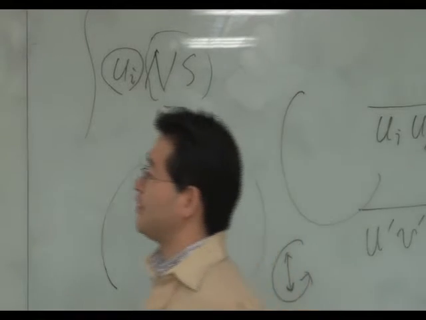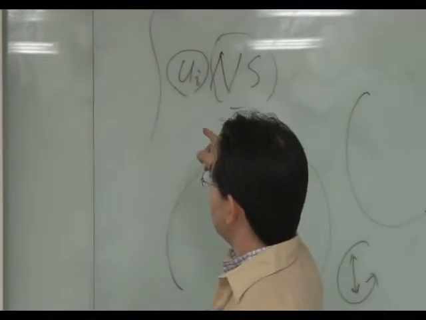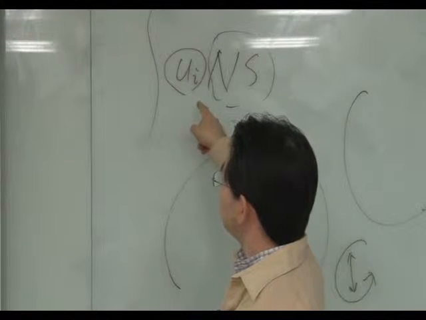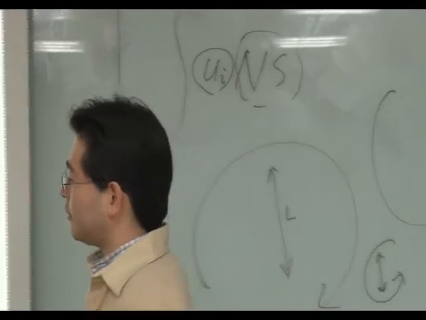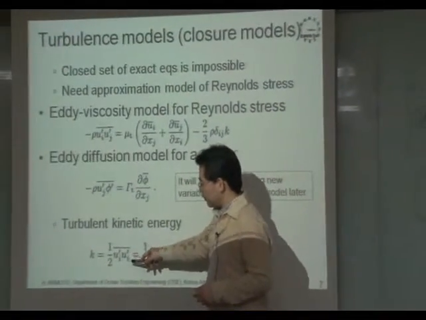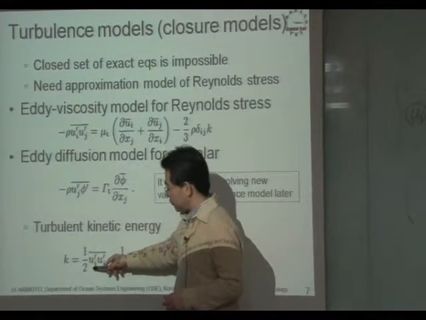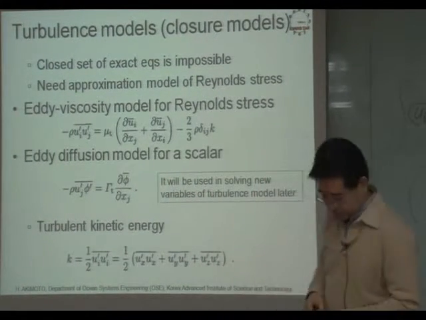I cannot remember the detail, but the basics is multiplying the u i component and integrating, and as you can imagine, it will produce this component.